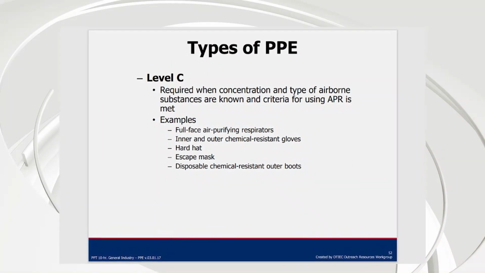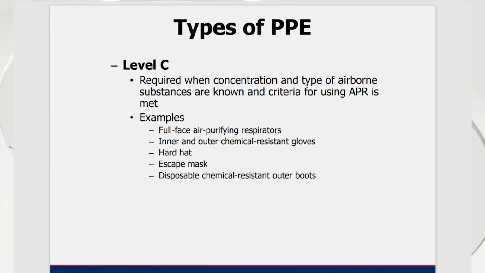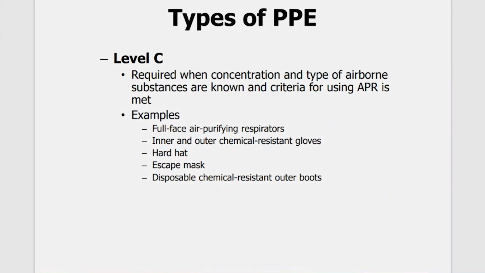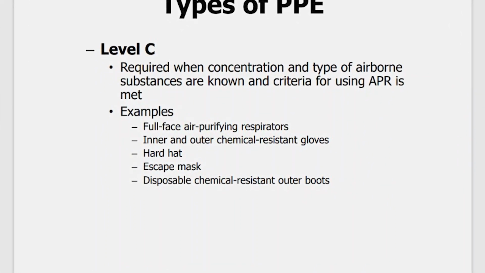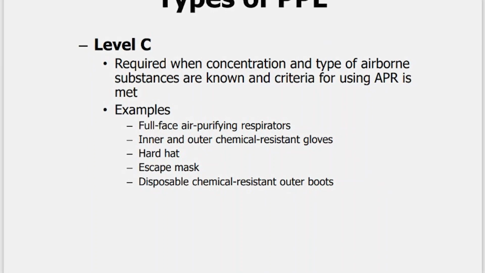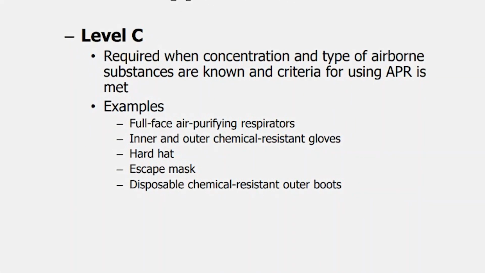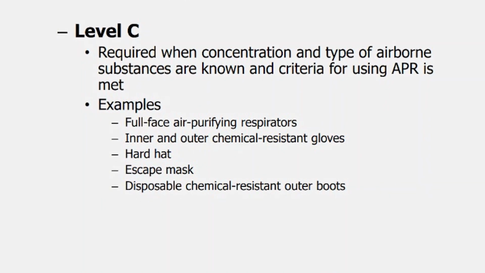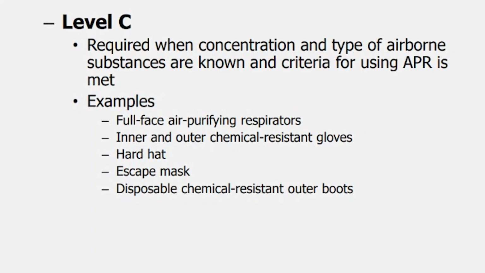Level C. Required when concentration and type of airborne substances are known and criteria for using APR is met. Examples: full-face air purifying respirators, inner and outer chemical-resistant gloves, hard hat, escape mask, disposable chemical-resistant outer boots.